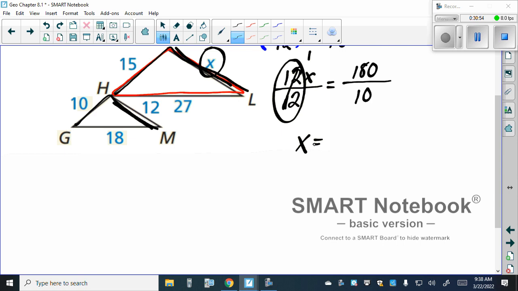Now on the other side, we have to do 180 divided by 10. I hope you can do that without a calculator. 18, because we drop a 0, because we just move the decimal place over 1. Because dividing by 10, we move it 1 to the left. If we're multiplying by 10, we move it 1 to the right.